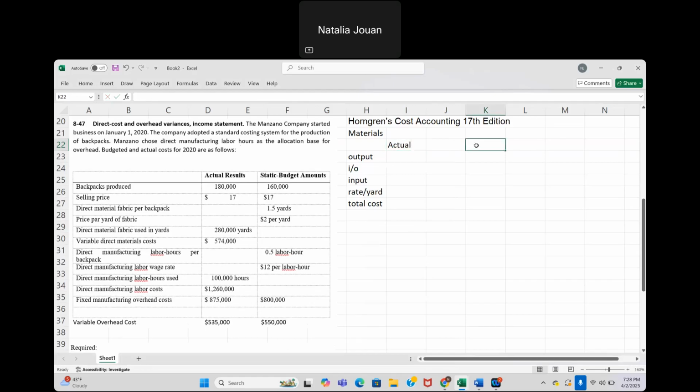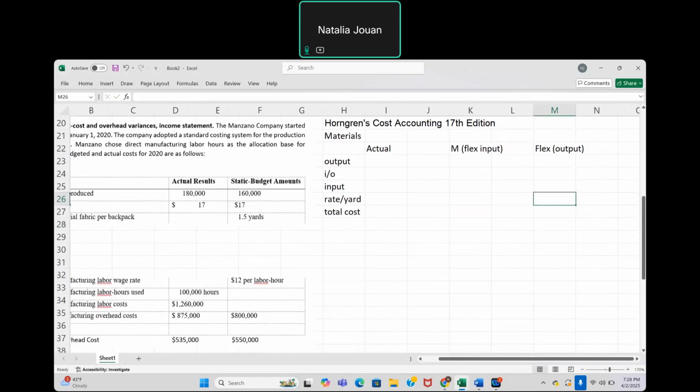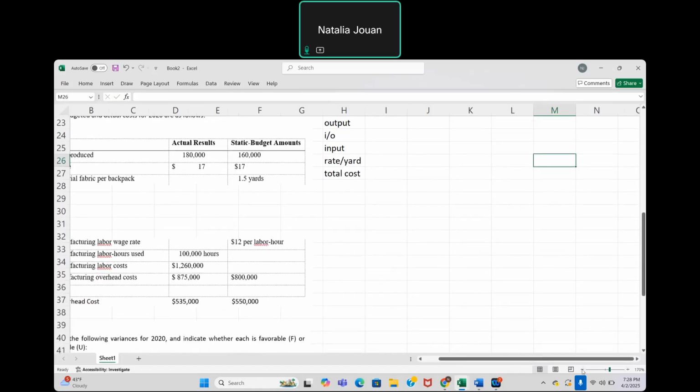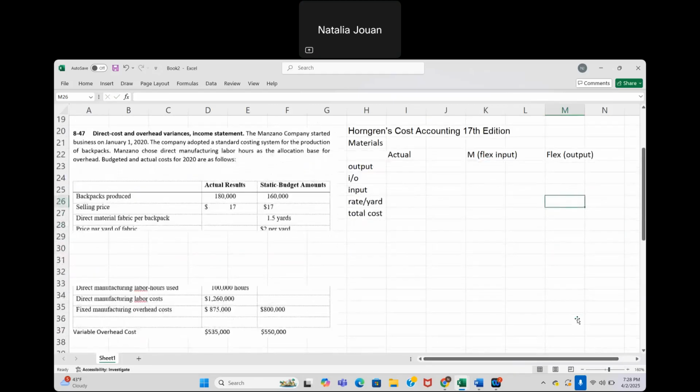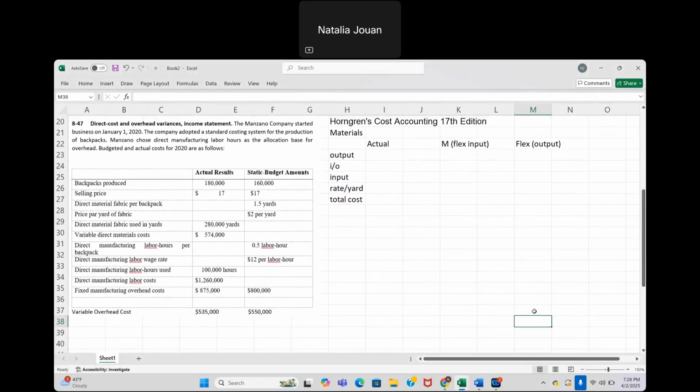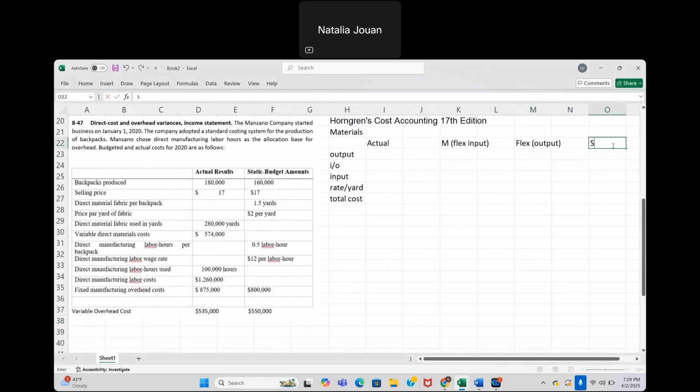We're going to have that middle column, which is the flexible input, and we're going to have the flexible budget, which is the flexible output. Let's make this a tiny bit smaller. We could have another column right here. We could have the static, so we know where the numbers are coming from.